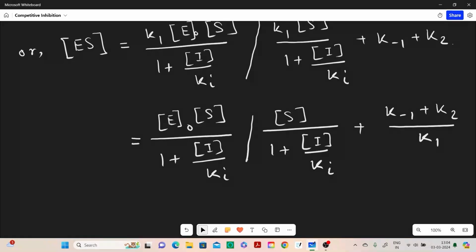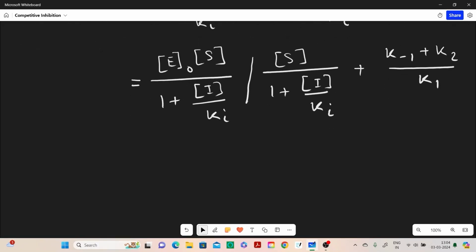Now if you remember my video on the Michaelis-Menten equation, I stated there that this part of the equation, K minus 1 plus K2 by K1, is known as Km, or the Michaelis-Menten constant for a particular reaction. So we'll just write it down here.